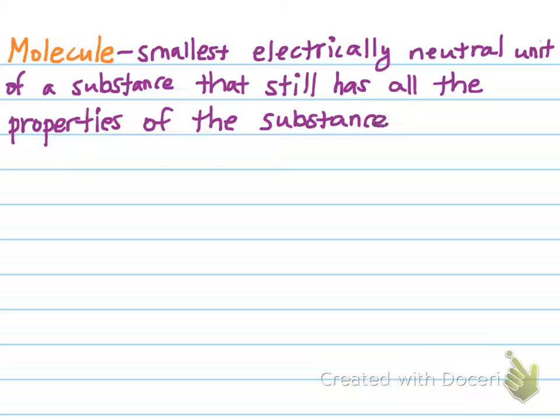So remember, we talked about this as if we have a big, huge chunk of molecular compound. When we talk about a molecule, that's our smallest piece that we could chop that big chunk up into, and it still would have all the properties of that original big chunk, okay? So this is that smallest piece that still has all the properties of the substance.